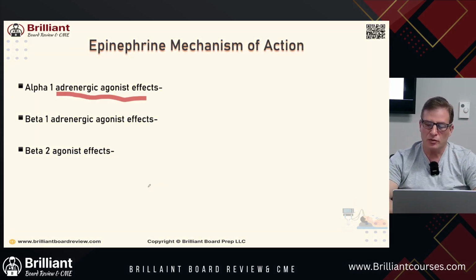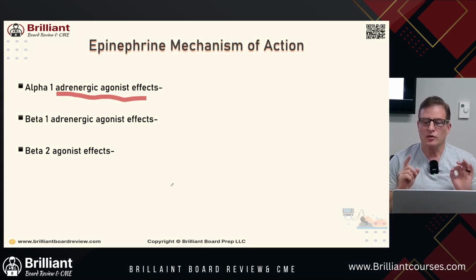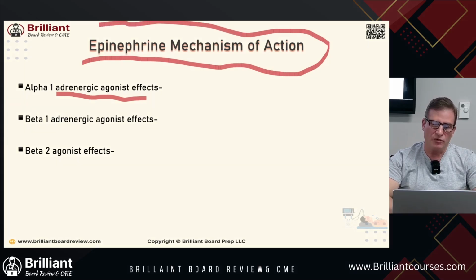The beta-2 increases bronchodilation, super important right here, and decreases release of mediators of inflammation from the mast cells and basophils. This is the king for anaphylaxis. People miss this. They give all the other window dressing, but this is what they need to give.